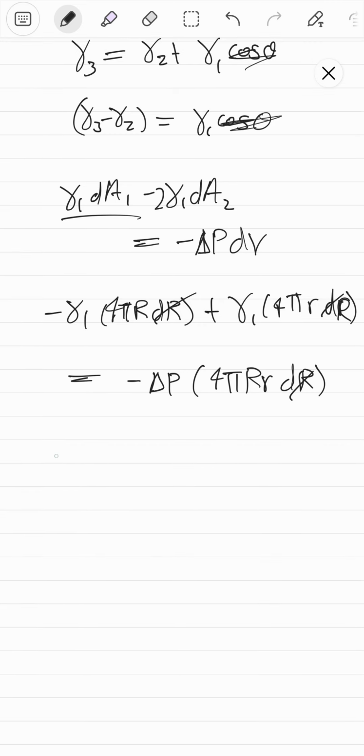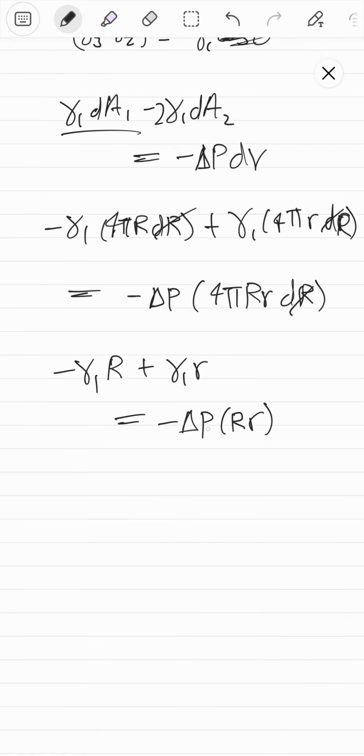So you just get negative gamma 1 times capital R plus gamma 1 times small r is equal to negative delta P times capital R small r, right? So that just means delta P capital R small r is equal to gamma 1 times capital R minus small r.